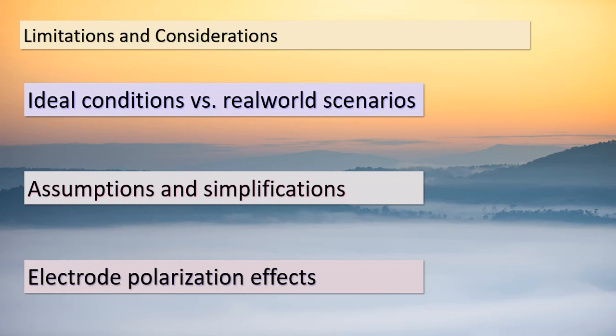Moreover, the Nernst equation assumes ideal behavior, which may not always hold true in complex systems. So, while the equation provides us with valuable insights, real-world scenarios can bring additional challenges. Our scientific journey is all about understanding these nuances and using the tools at our disposal to navigate them effectively. Keep your curiosity alive as we head towards our final topic.